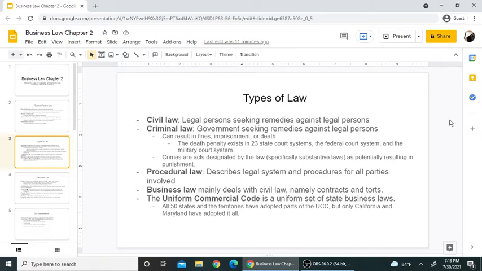Business law is just a broad term that describes law that relates to commerce, but in general it mainly deals with civil law, and namely contracts and tort law.